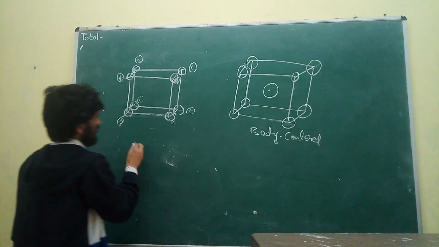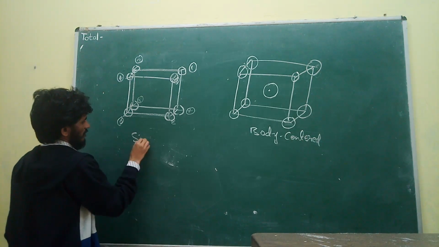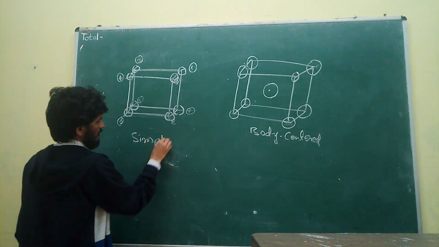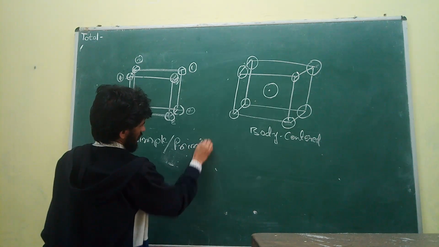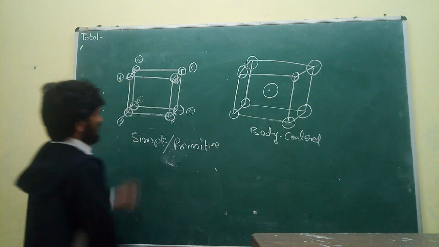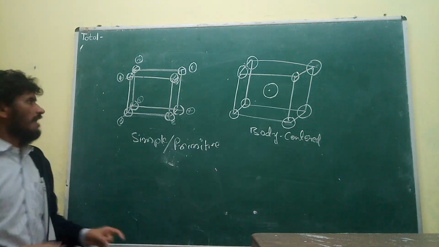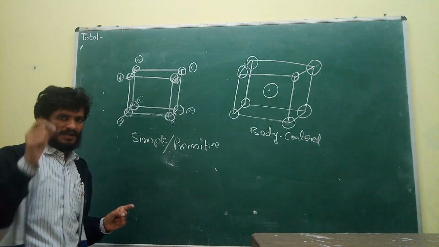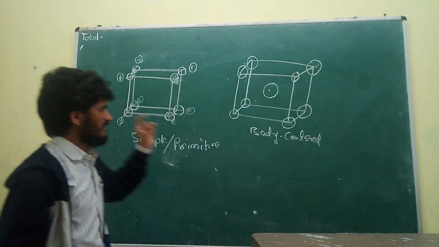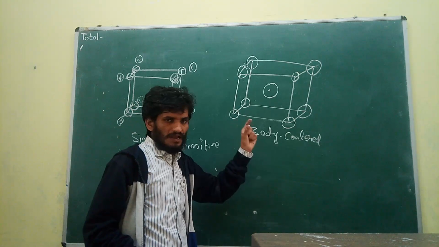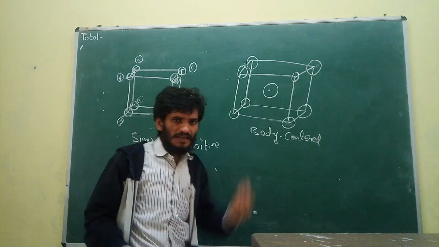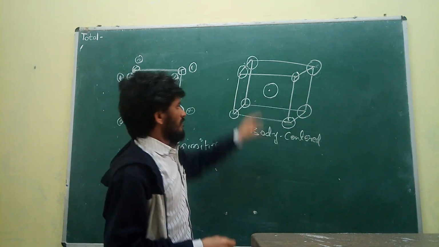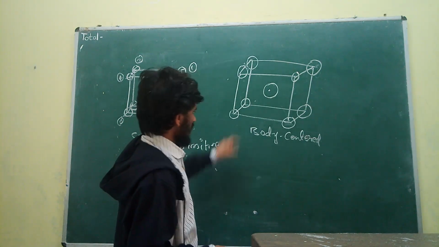What is this one? Simple, or primitive. Simple means only on the corners the lattice points, the particles of the crystal, are located, whereas the lattice points are located both at the corners and in the middle of the unit cell, which is called body centered.